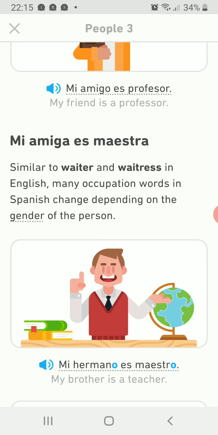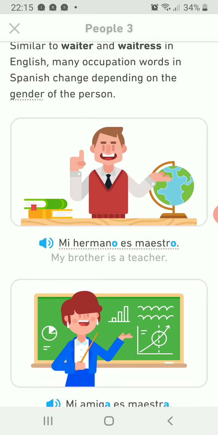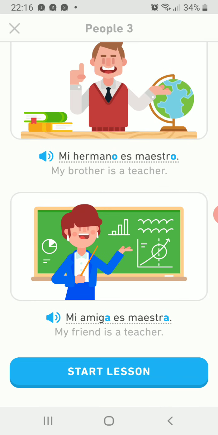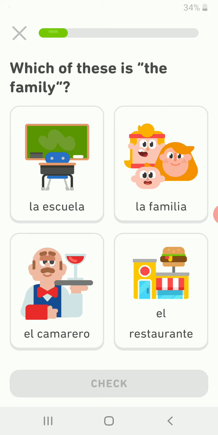We have seen this: la profesora, el profesor, mi hermano, mi hermana es maestra. Mi amiga es maestra, for example. So let's go. Vamos adelante. I think it means to go forward.